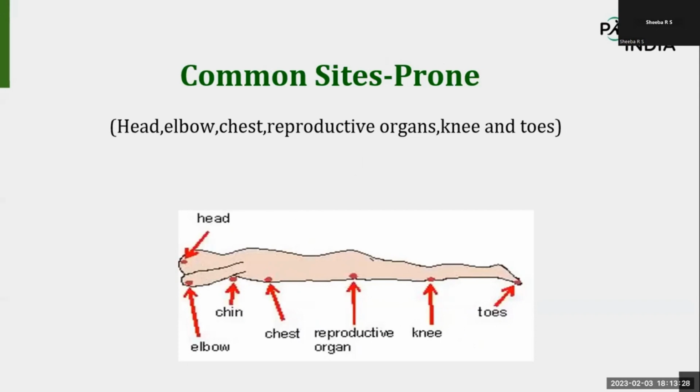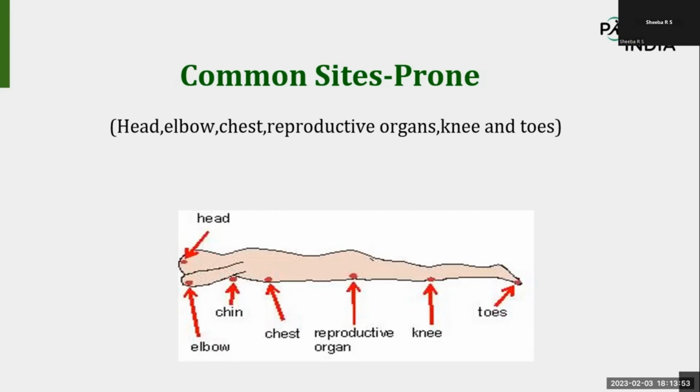Here, if the patient has a huge pressure ulcer on the sacral area, we keep the patient in prone position. Also, if the patient is planning to undergo surgery like flap surgery or a skin grafting procedure, after the skin grafting procedure they have to lie in the prone position only.